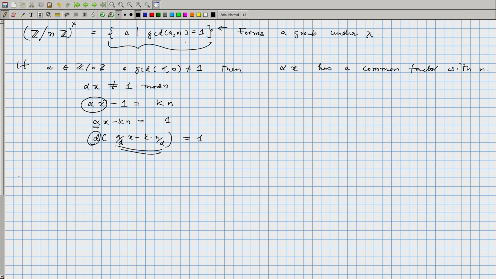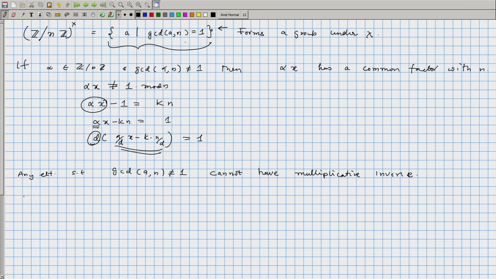In other words, any element such that GCD of a and n is not equal to 1 cannot have multiplicative inverses. Okay, so that is one part.